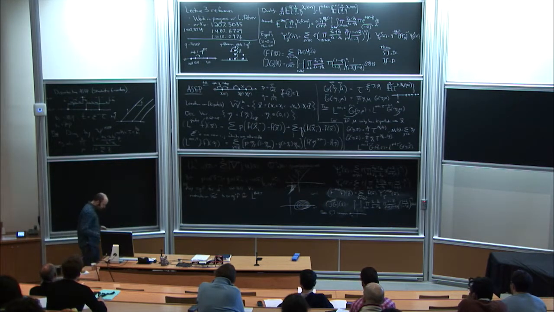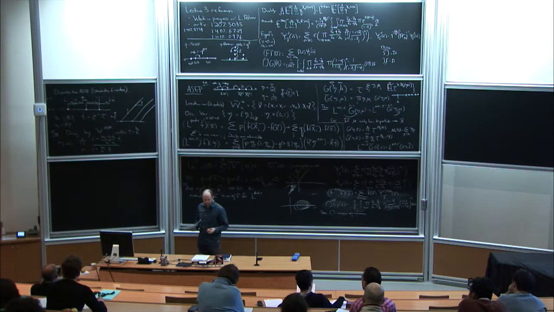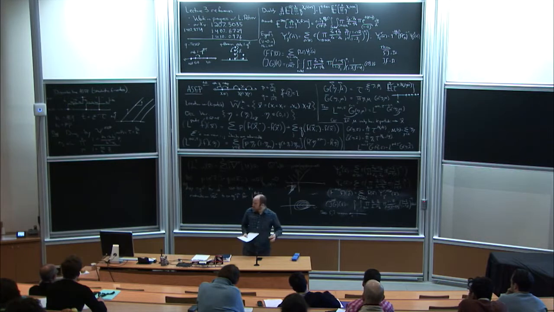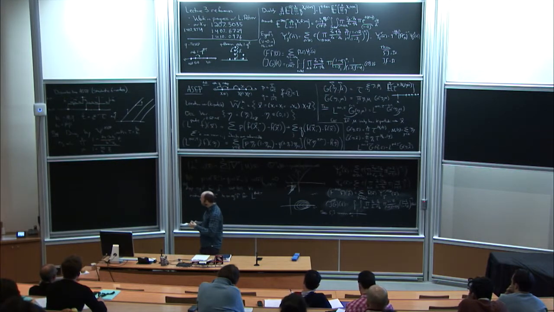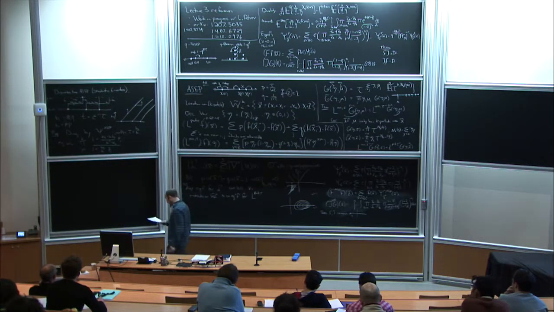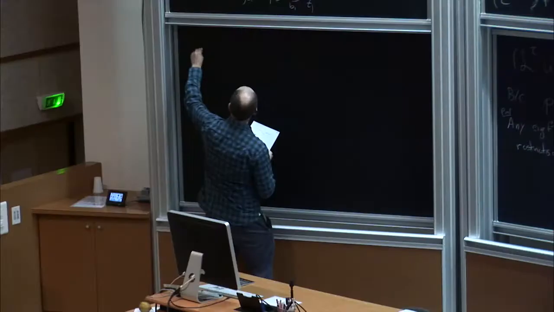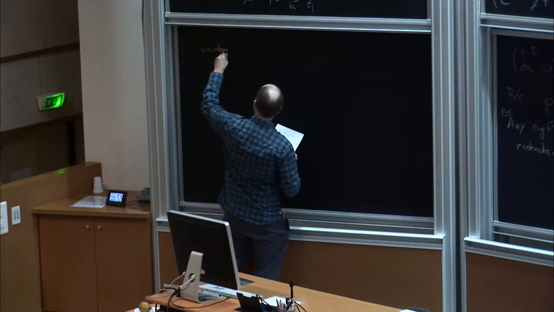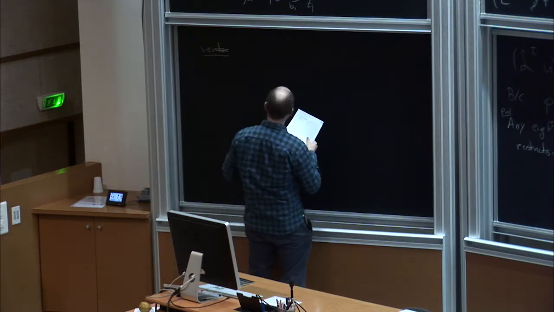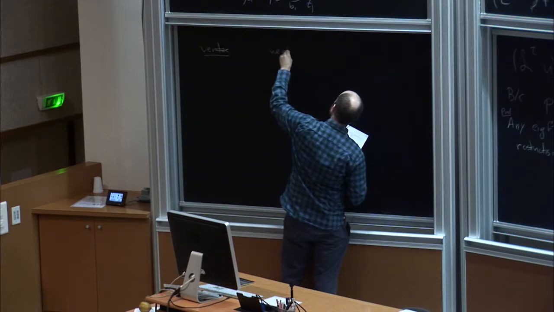A vertex model, so you have a lattice and you put numbers on the edges of the lattice, and to every vertex you assign a weight according to the numbers coming in and numbers coming out. So I claim that this model can be represented as a vertex model with the following weights, and I'll explain what I mean over the next few minutes.